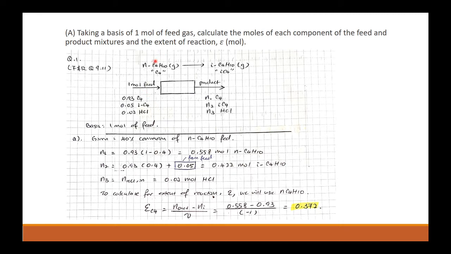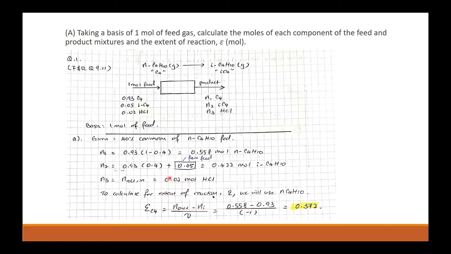For N2, which is IC4, we take 0.93 because NC4 is converted to IC4 based on the 40% conversion. So 0.93 times 0.4, your 40% conversion, plus the original IC4 in the feed stream. The total of the feed and the converted NC4 gives you N2, which is 0.422 moles. For N3, HCl out equals HCl in, which is 0.02, because no reaction is taking place.